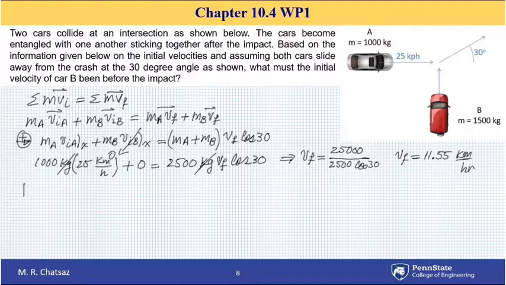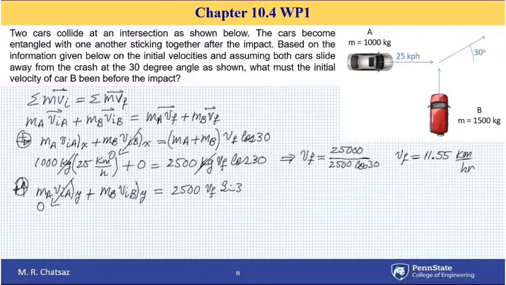Now I can go to the second component of the momentum equation and write mA times initial velocity of A in y direction, which we know is 0, plus mB times initial velocity of car B in y direction, which is its velocity as it was driving, equal to the total mass of 2500 times the y component of final velocity, which is VF sine of 30.